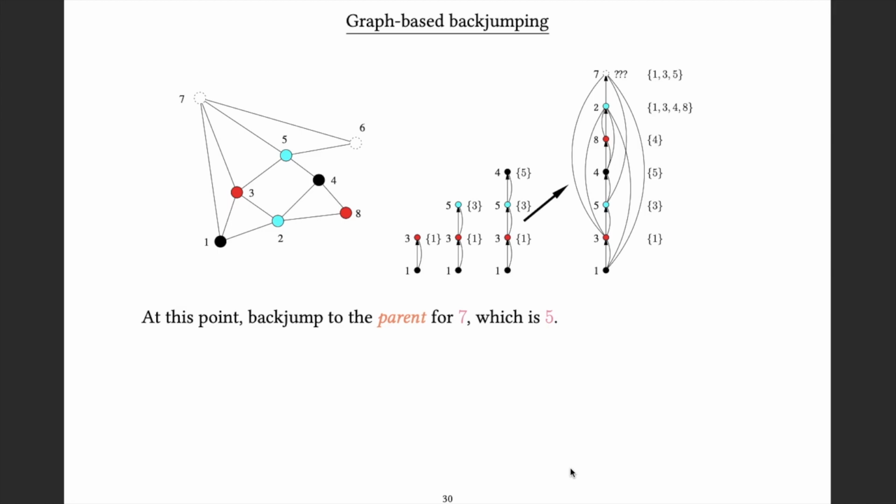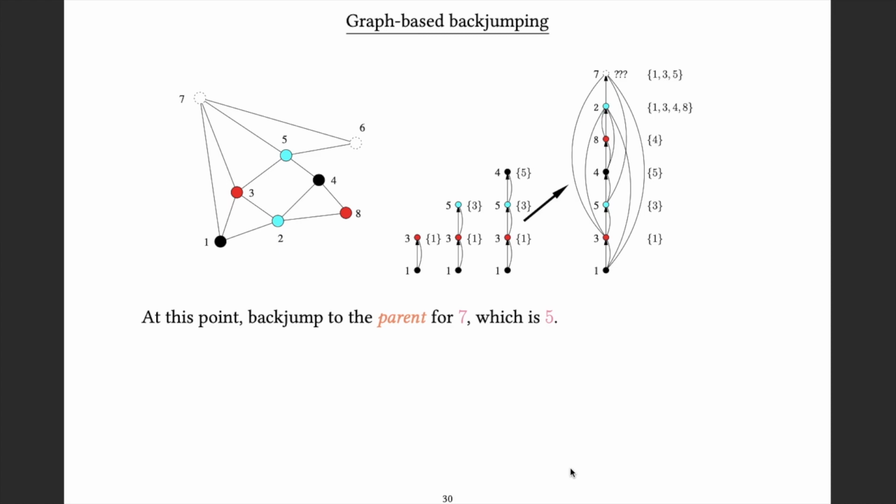So 1 is an ancestor of 3. Similarly, 3 is an ancestor of 5. And so on. And it gets interesting up at the point where we assign something to variable 2. Its ancestors are 1, 3, 4, and 8, because those are the numbers of the variables in the preceding assignments that have a constraint with variable 2.